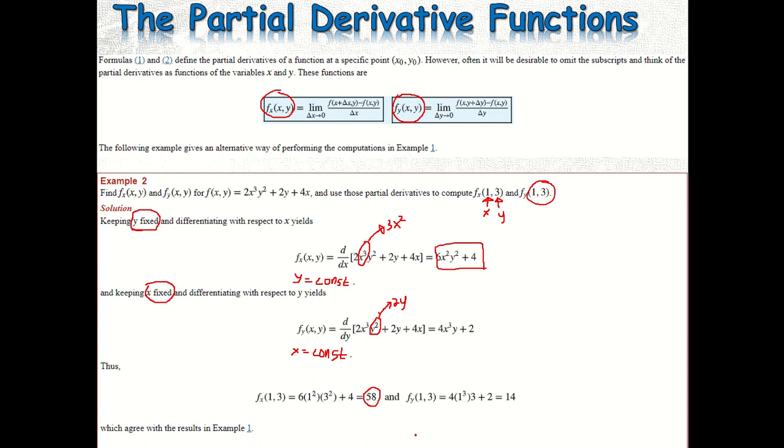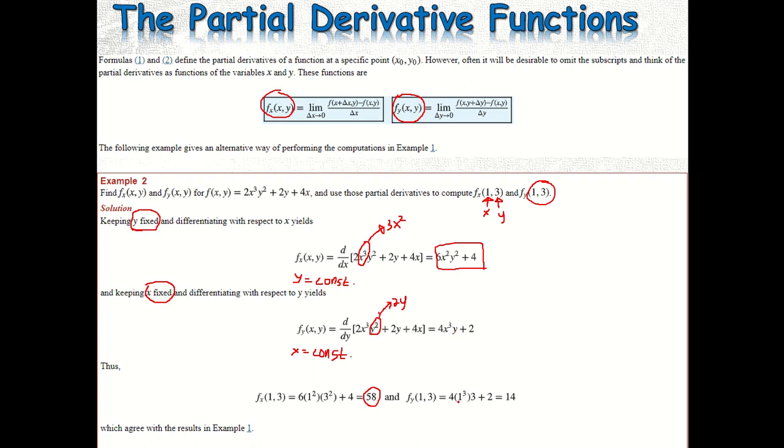Then similarly, for the second part, the partial derivative of the function with respect to y at the point with coordinates 1 and 3. Substituting, 4x cubed, so 1 cubed. x is 1, so 1 cubed is 1, times 4 equals 4. Then times y, which is 3.